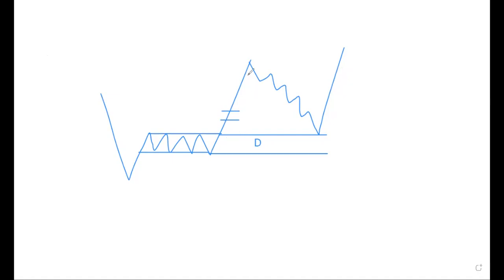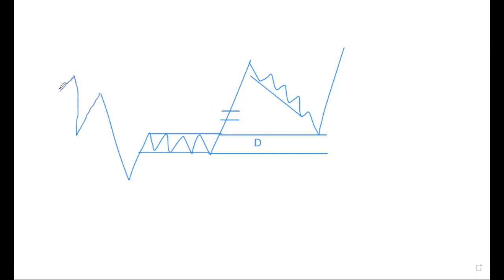The demand zone relates to the liquidity within the market. We have sell side liquidity of that kind before the market mitigates our demand zone, then moves up again. So how do we spot a demand zone?